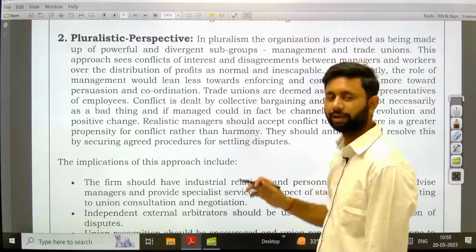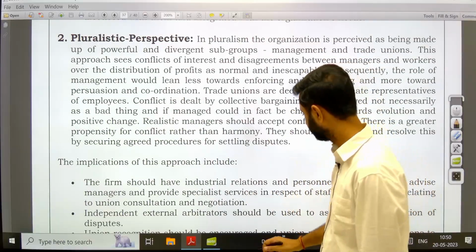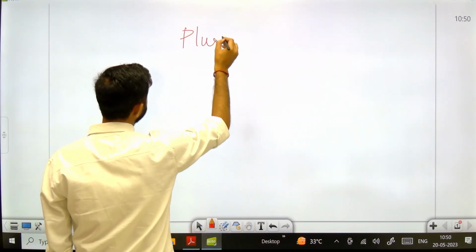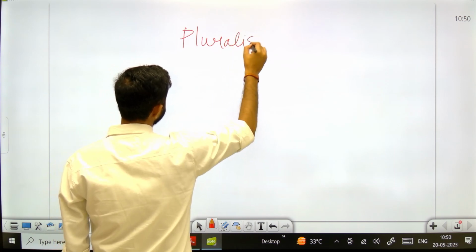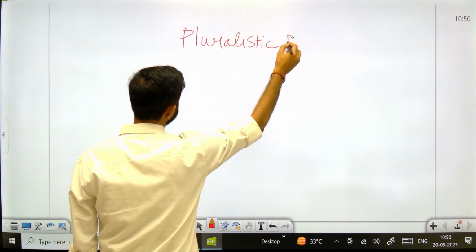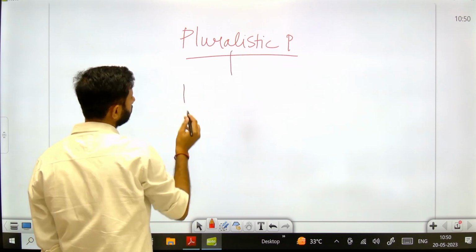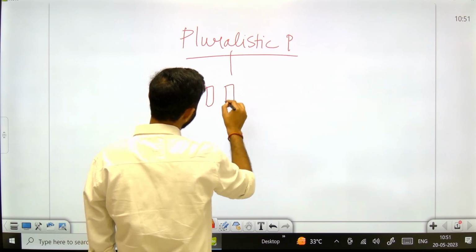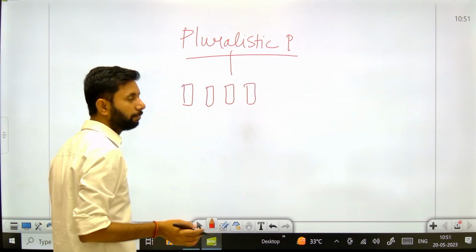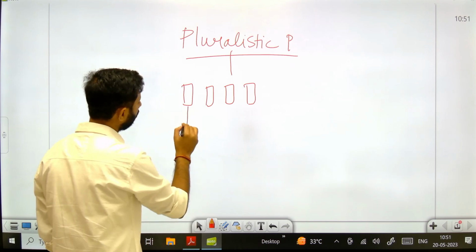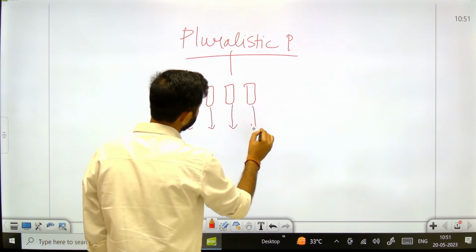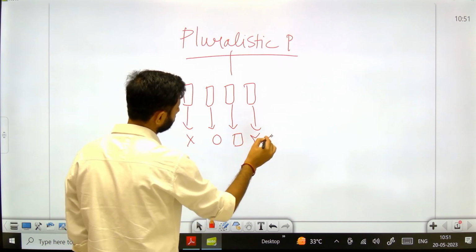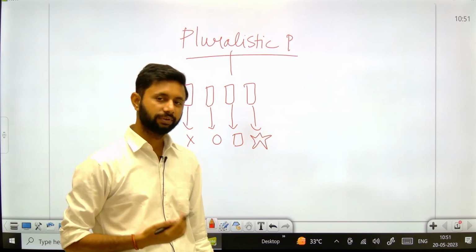Now let's understand the next perspective, which is the pluralistic perspective. It is just the opposite perspective. In the unitary perspective, we talked about how all the individuals or groups within an industry have a common interest, but in the pluralistic perspective, we say that all individuals have a different perspective with respect to each and everything.